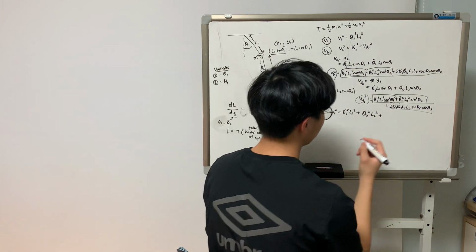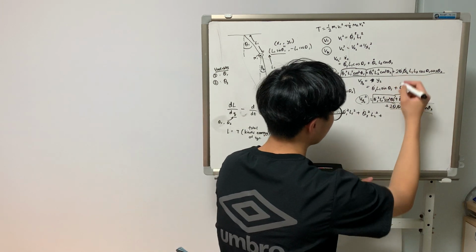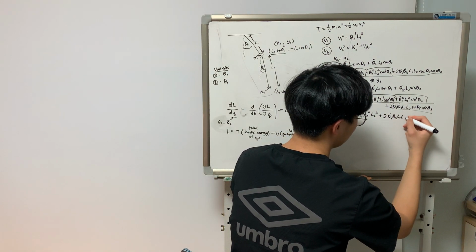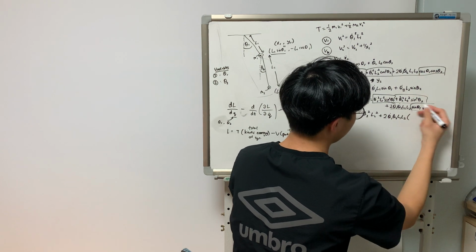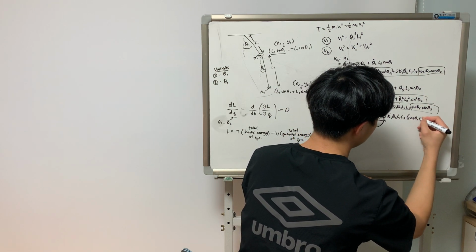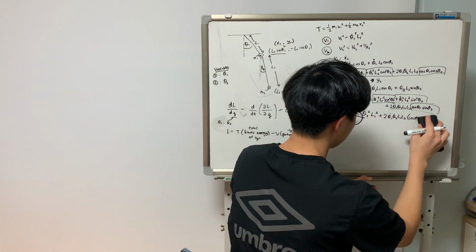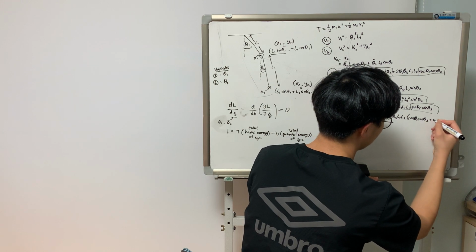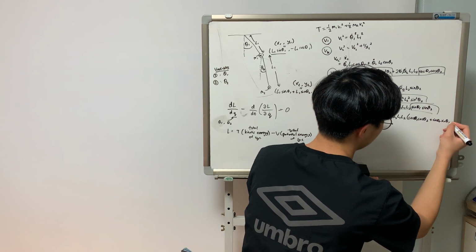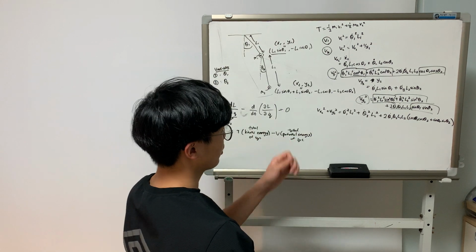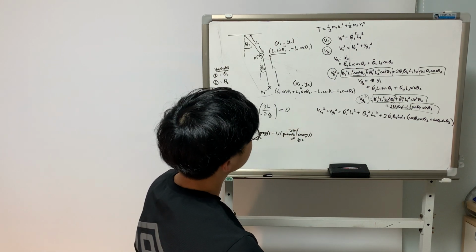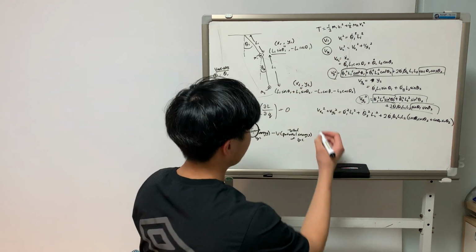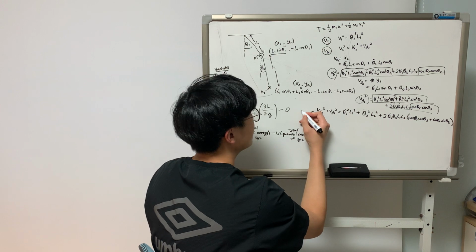And then we get all the other parts. So it's going to group with this expression over here, and we get this plus that. So the cross term is 2 theta 1 dot theta 2 dot L1 L2 times cosine theta 1 cosine theta 2 plus sine theta 1 sine theta 2. That's going to be our expression for Vx squared plus Vy squared. All right, so that is equal to V2 squared.